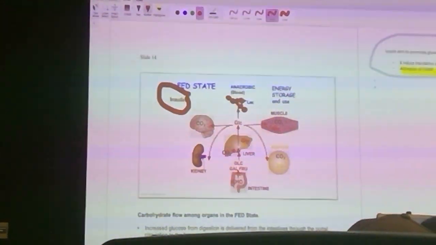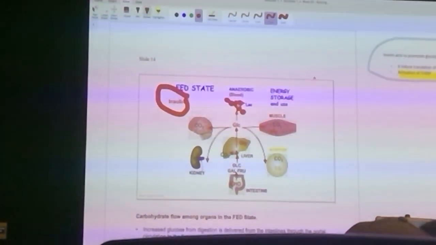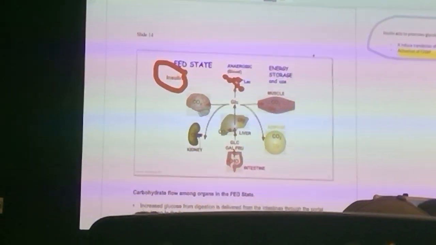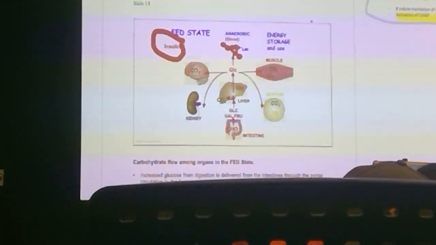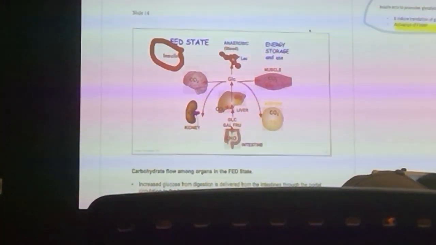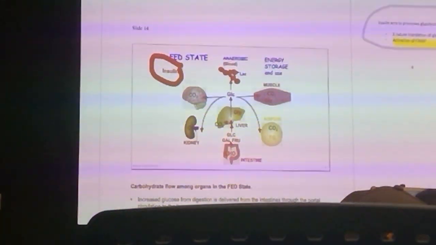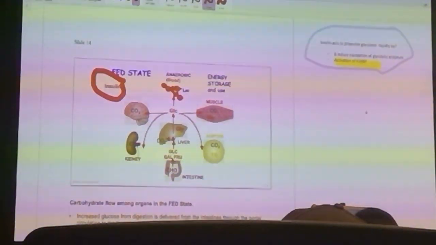And just know that there are two mechanisms to promote glycolysis. The first one is directly activating enzyme, and the next one is making more enzyme. So the more rapid one is activating the enzyme, and the slower one is making more enzymes.